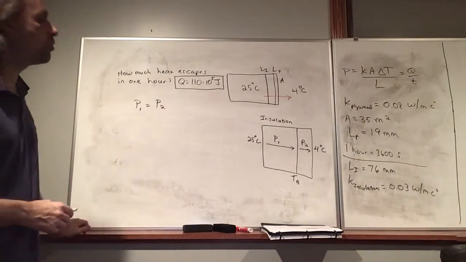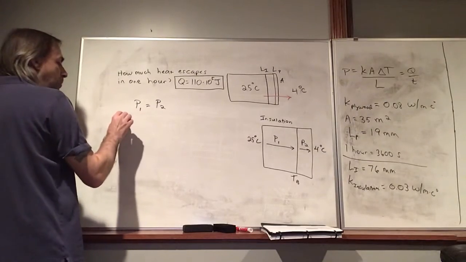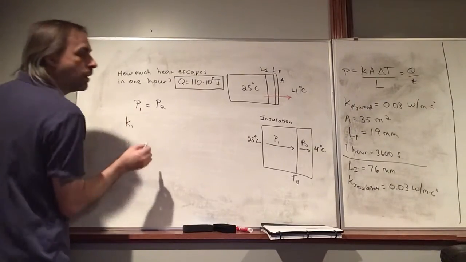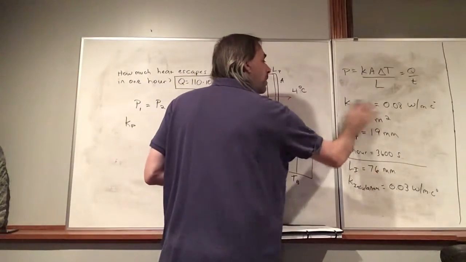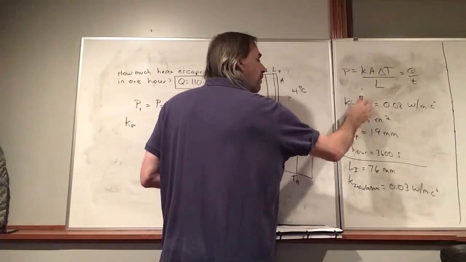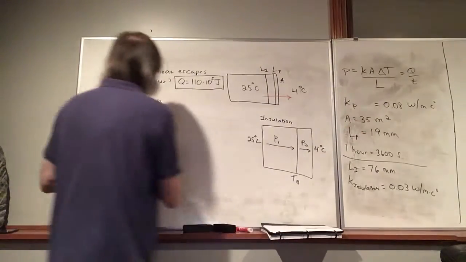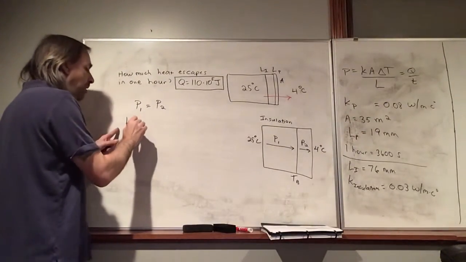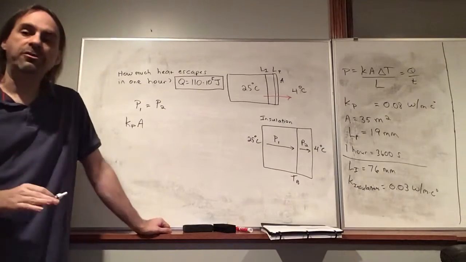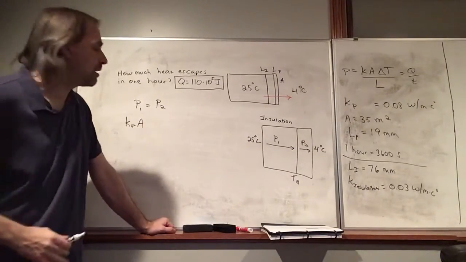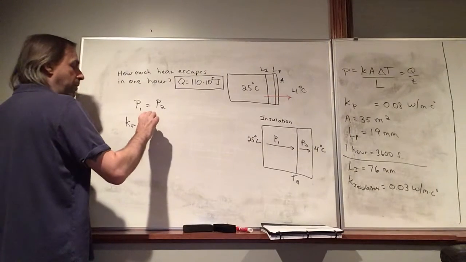So again, let's look at our equation. P1, that would be K1, or K, let's just call this Kp for plywood. Alright, so we have Kp times this area A times delta T. Now remember, delta T, we agreed that that's always the hotter value minus the colder value.